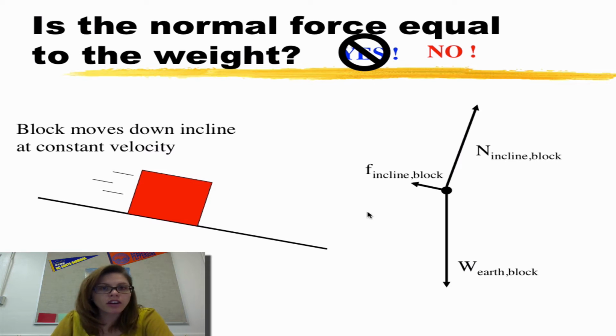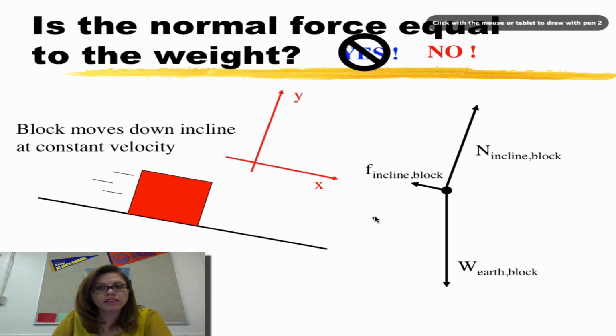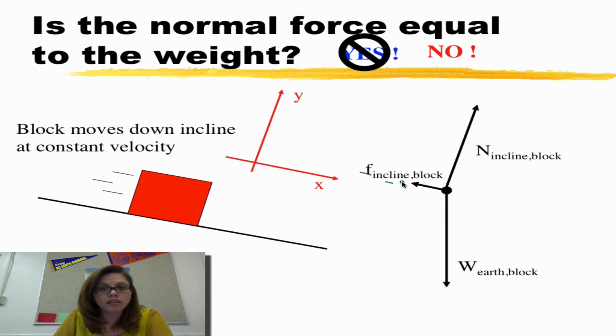Whenever we have things on an incline or at an angle, we have to change our axes so that they fit the incline of what we're talking about. So in this case, if we put the axes right here, I'll try to draw as best I can.